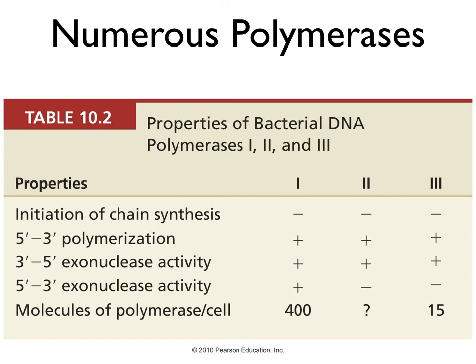So what you see here is a table that indicates the activity of each of these different types of DNA polymerase. And what I really want you to pay attention to and understand, or be aware of at least, is not the fact that they can polymerize in the 5 to 3 direction. That's what that second line indicates. So that means they can add a nucleotide to the 3' end of a strand of nucleic acid.